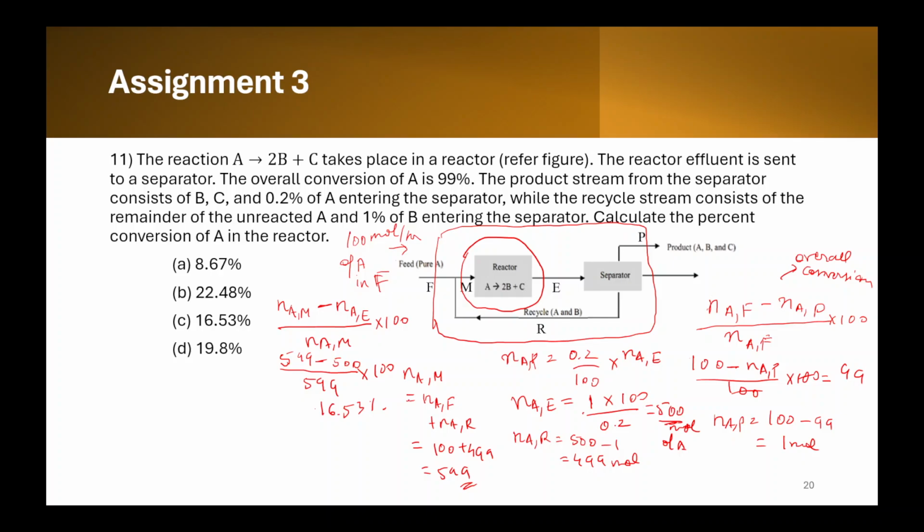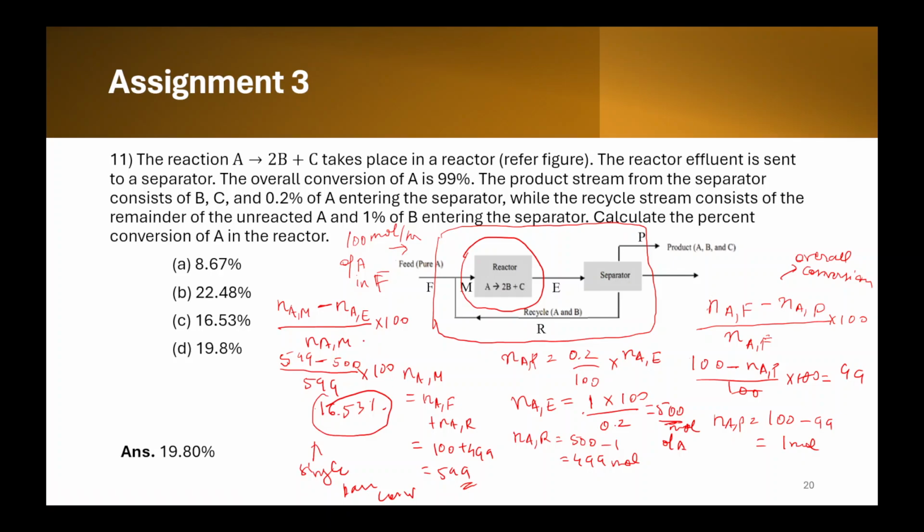16.53%. 99 by 599 we need to calculate into 100. So it comes out as 16.527, so roughly 16.53. So this is the correct answer here. Oh, my bad.